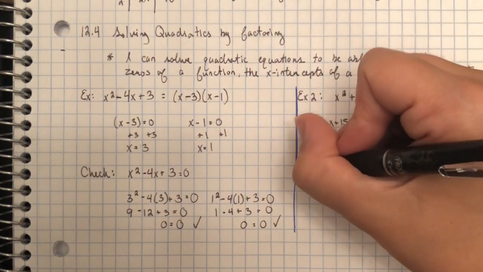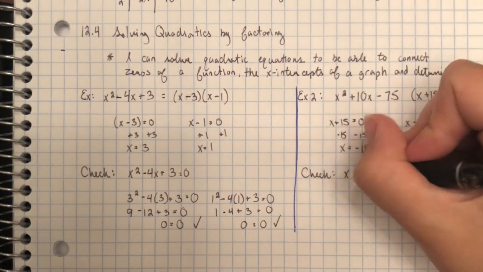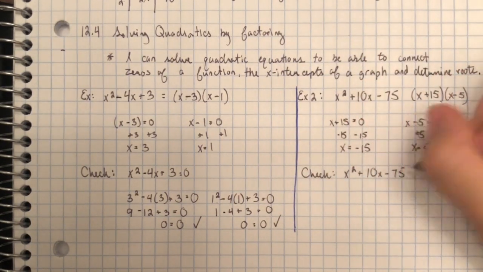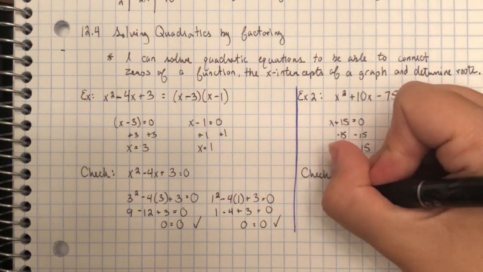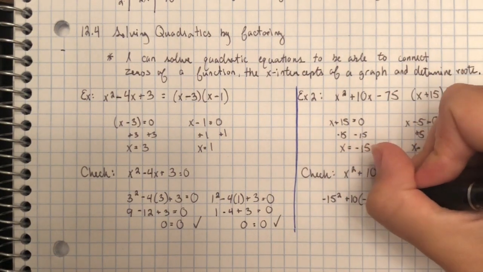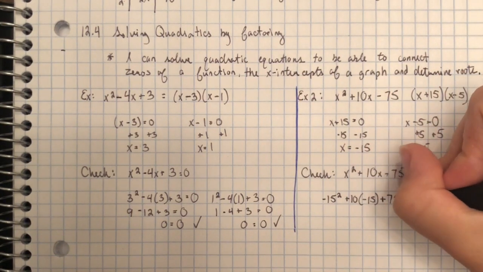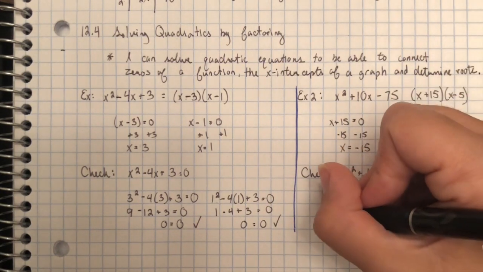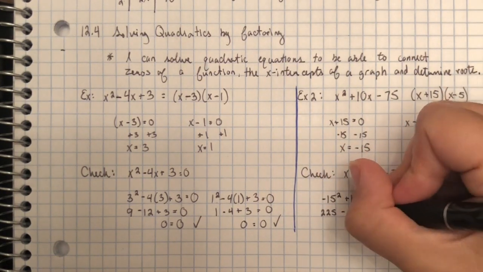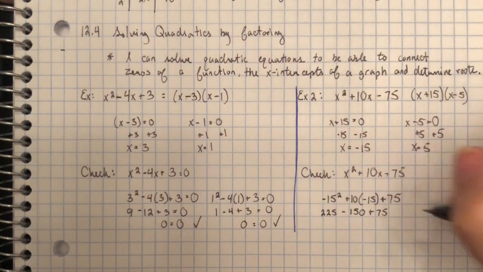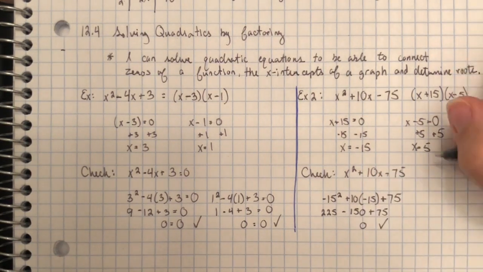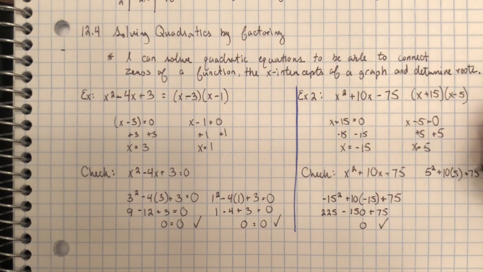Set those two factored forms equal to 0. Solve for x. And then check within my original quadratic that those values give me a true solution. So I'm plugging in negative 15, and now I'm going to plug in that positive 5.